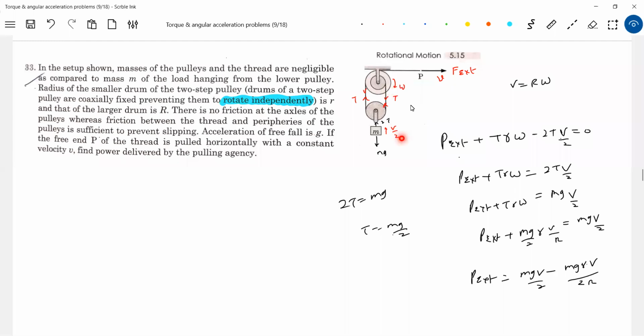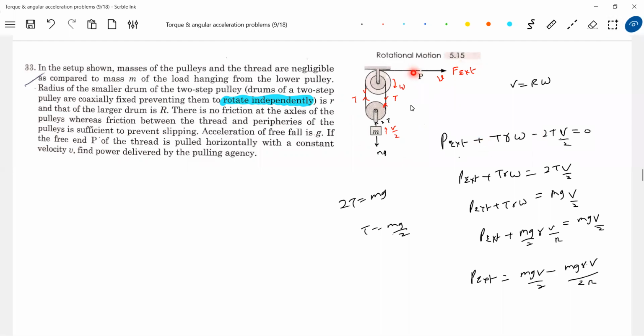Why is the velocity of the block v by 2? mg v by 2 can be taken outside. 1 minus small r by capital R will come. I think there's no problem with the sign. The sign that we give, there's no problem with this.